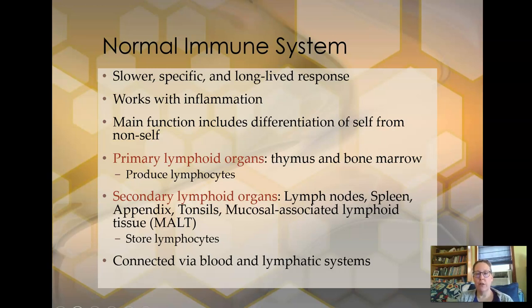The main function of the immune system does include differentiation of self from non-self. Your immune system has made an inventory of what is you, and it's always going around patrolling and looking. Some of the things it's looking for, it's looking at your own cells to see if they have gotten infected with viruses.